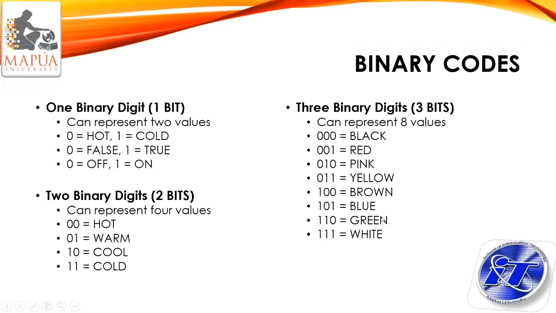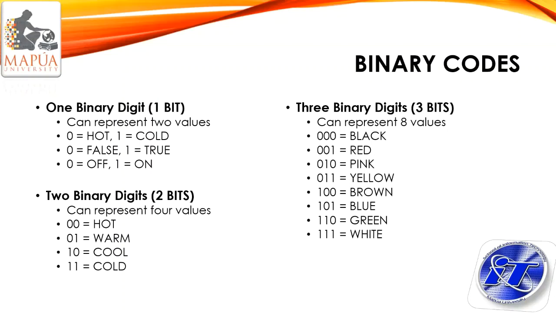As you can see here, as you increase the number of binary digits, you also increase the number of values that can be represented. There is a direct correlation between the number of binary digits and the number of values it could represent.